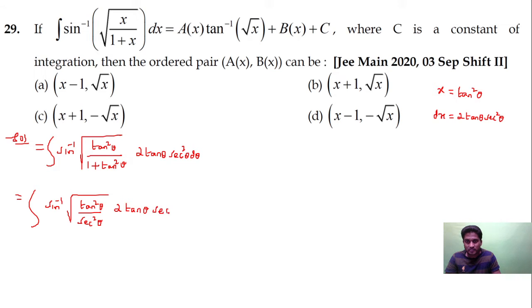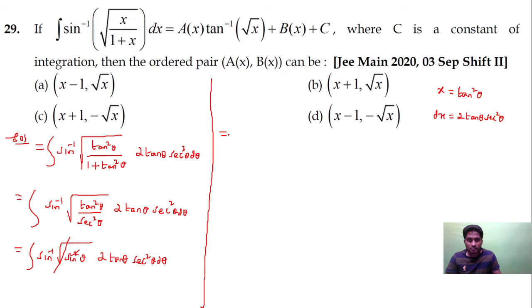Root and square cancel, so I get sine inverse of sine theta. So this is equal to integration of sine inverse of sine theta into 2 tan theta into sec square theta d theta.